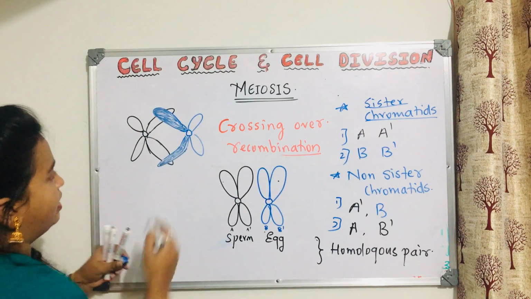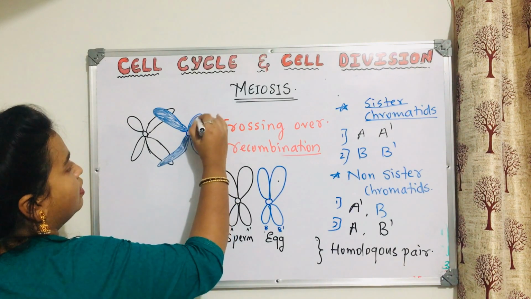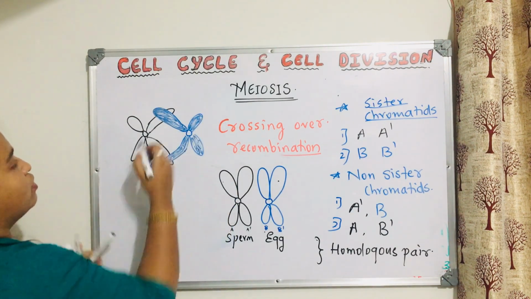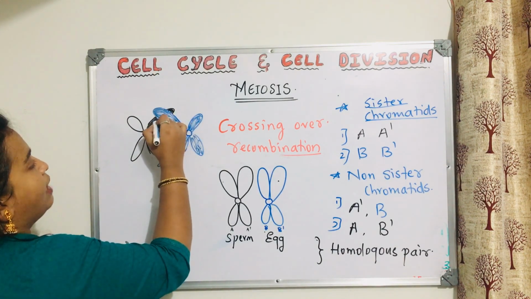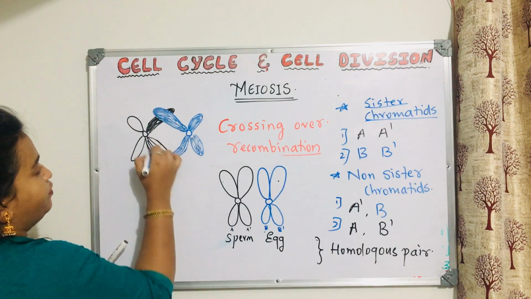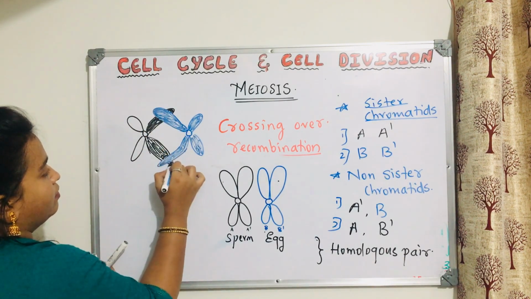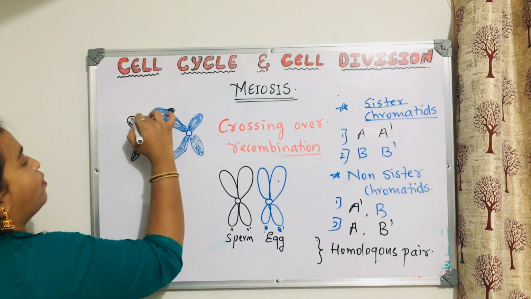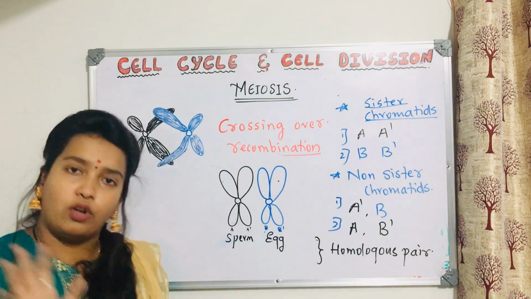What we need to understand is this complete chromosome is blue. I'm just explaining why we call it recombination. So this chromosome is black, like this. With the help of color, I am trying to explain. Okay. So what is this process called? Overlapping of non-sister chromatids is called crossing over.